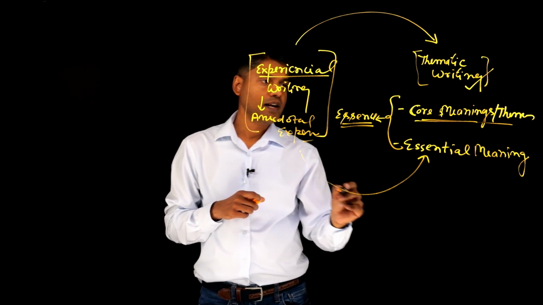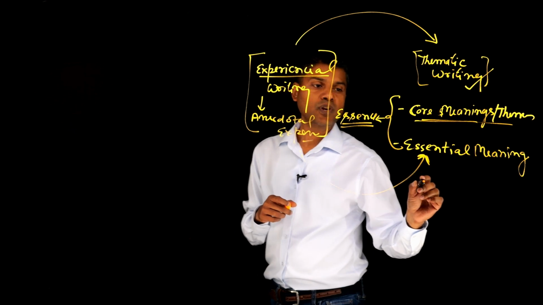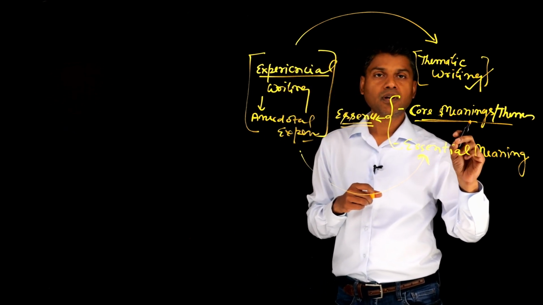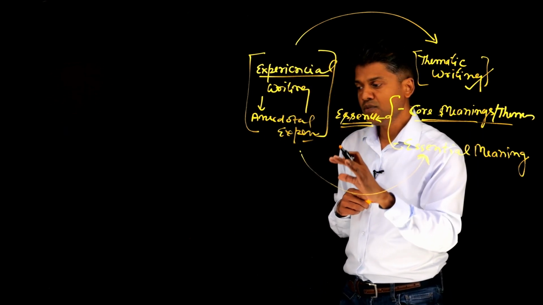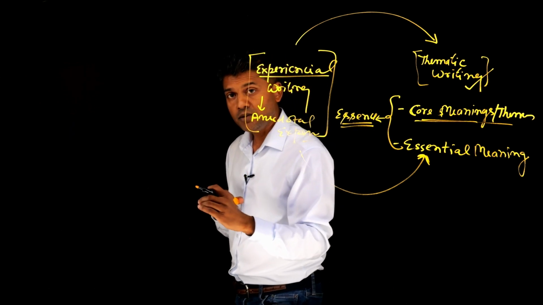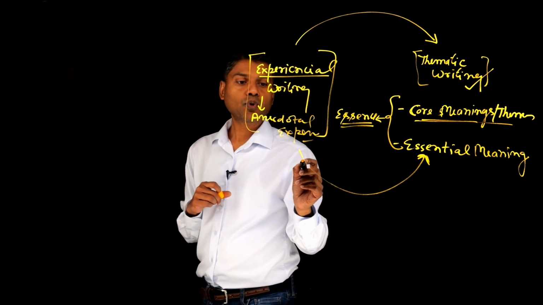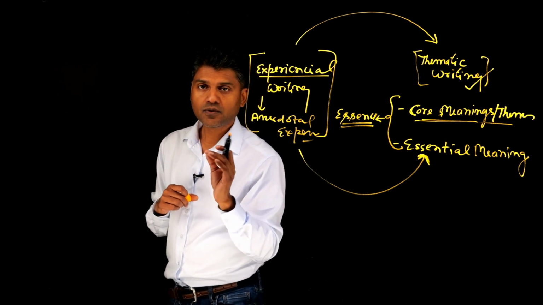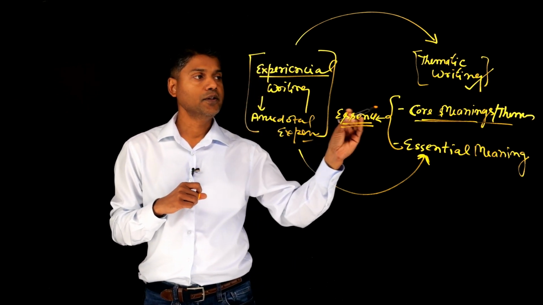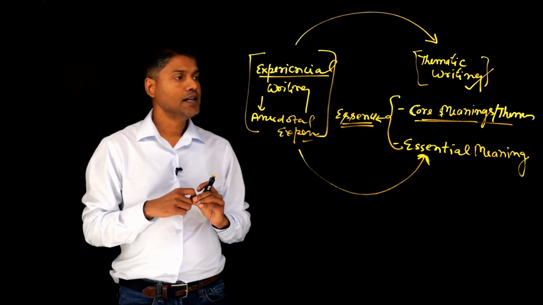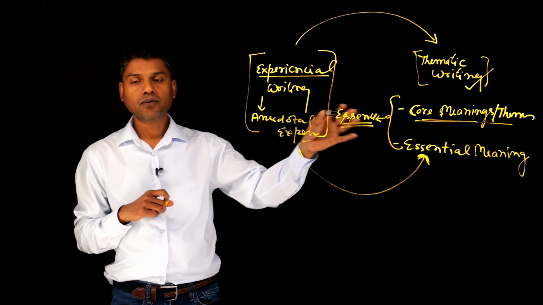So these two writings go together, and when you describe your theme, obviously you introduce the theme, you talk about what this theme is about, you describe it in detail, and then you provide anecdotal evidence from the data to support your themes. Let's understand this thematic writing with an example.